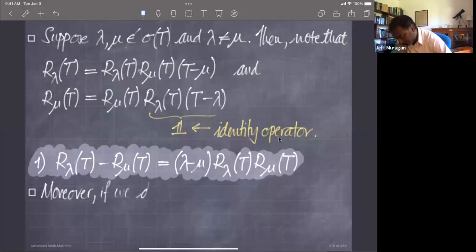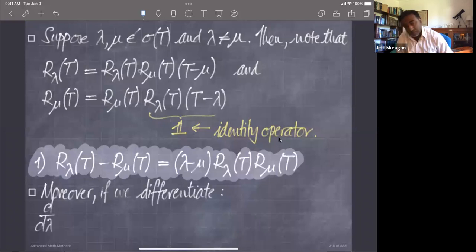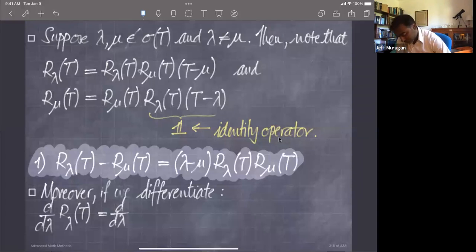If we differentiate with respect to lambda, the parameter in the resolvent operator, so I'm differentiating R lambda of T with respect to lambda, then this is just d by d lambda of T minus lambda inverse, which is T minus lambda to the minus 2.